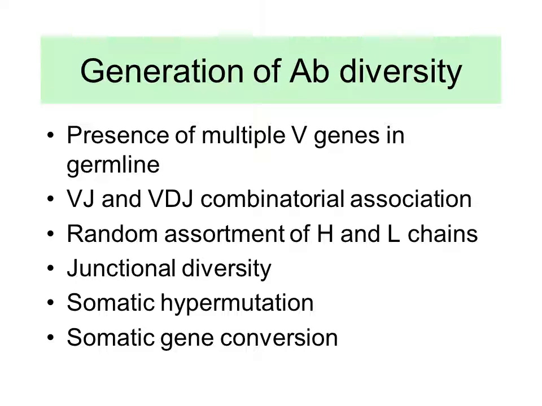We have VJ and VDJ combination associations available. There is a random assortment of heavy and light chains. So you can see that all these tools that we have, junctional diversity, somatic hypermutation, and somatic gene conversion, allow us to create different sets of antibodies.